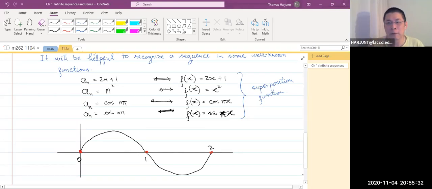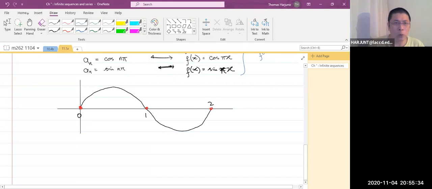Okay, now then, of course, there are more patterns. Another pattern that I think we need to know is the alternating sequence. That's -1 to the power of n plus 1, for example, when n starts from 1.